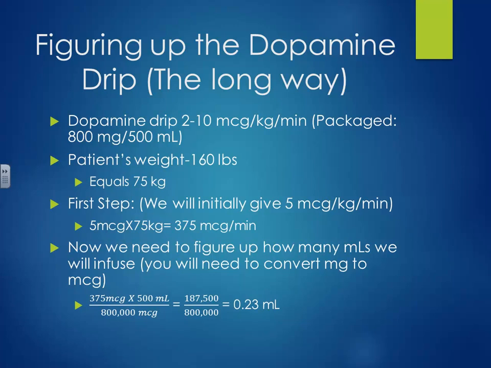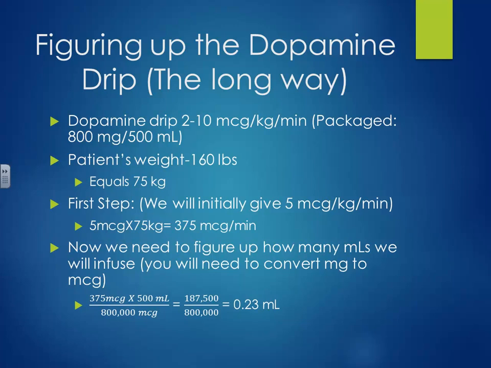So using your formula, just the regular formula, your desired dose is 375 mics. How do we get that? We multiply 5 mics, because that's going to be our initial starting dose of 5 mics per kilogram, times 75, which is our kilograms, right? So 375 mics per minute. So our desired dose is 375 mics.